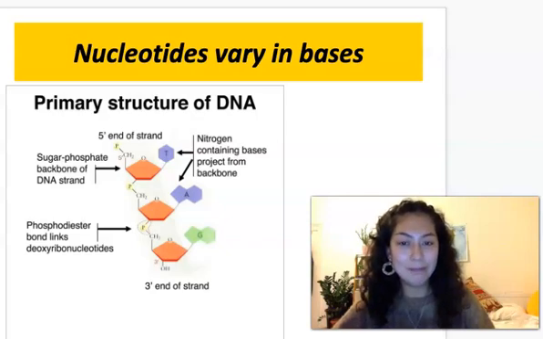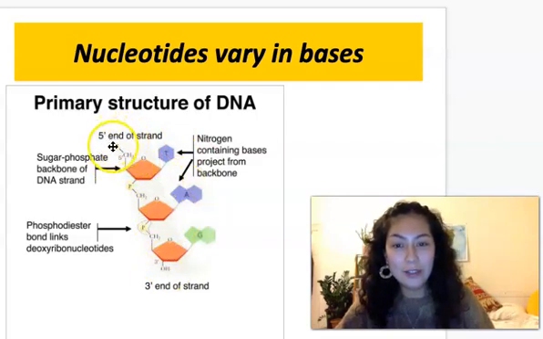All right, so bear with me here. This is many nucleotides forming a chain. We have the phosphate end here, which is known as the 5' end of the single strand of DNA, which bonds to the sugar. The sugar then bonds to the phosphate, and so on and so on. The sugar end of the single strand is known as the 3' end.